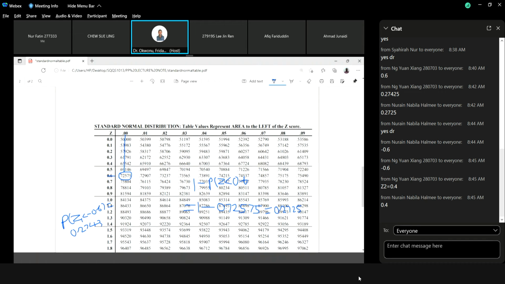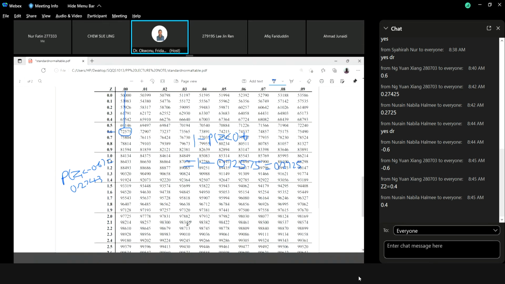So let's check P of Z2 less than 0.4. So what we have here, 0.4 is 0.6554.